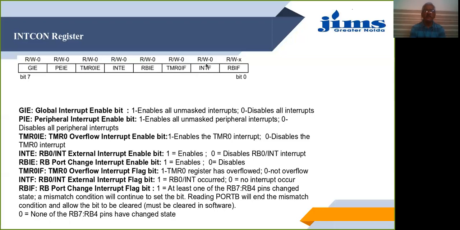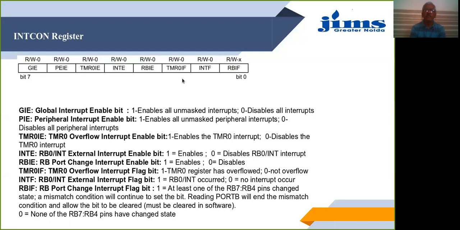Similarly, we have the RBIF, port B change. Here was the port B change interrupt enable bit, and if the interrupt occurs, then the corresponding flag bit is set here.